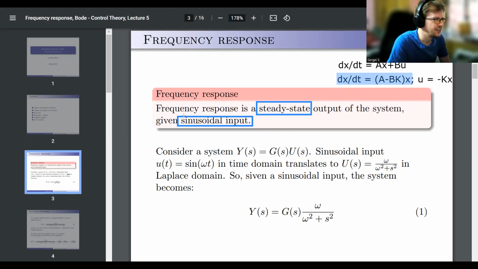Here, what we are saying is that we don't need to get rid of the input. Input is okay. In fact, we are going to want the input u to be sinusoidal. So we're going to have here a sinusoidal input.